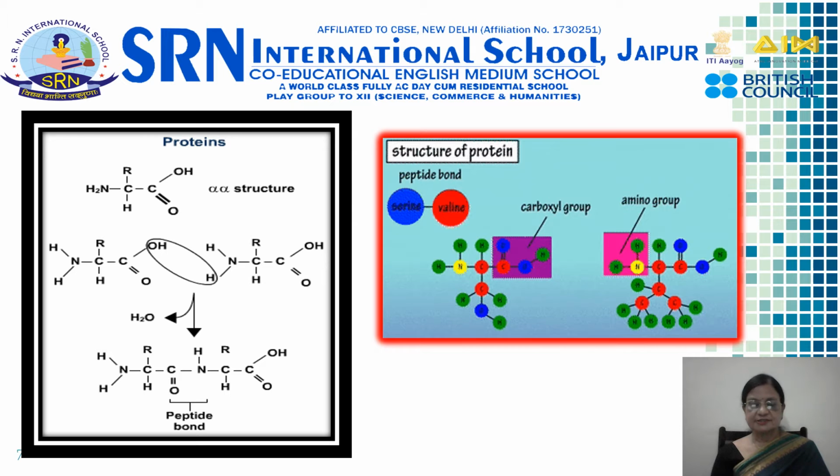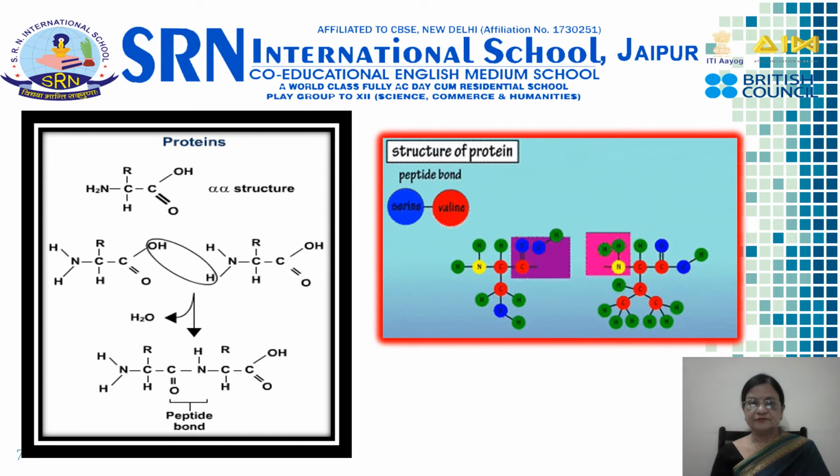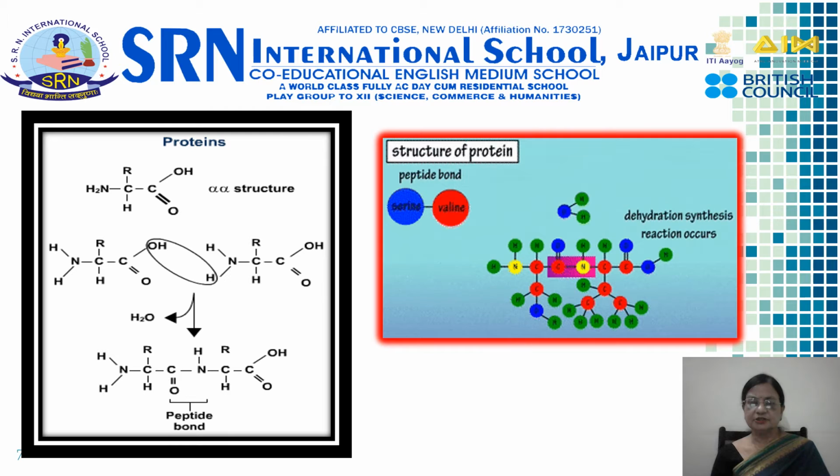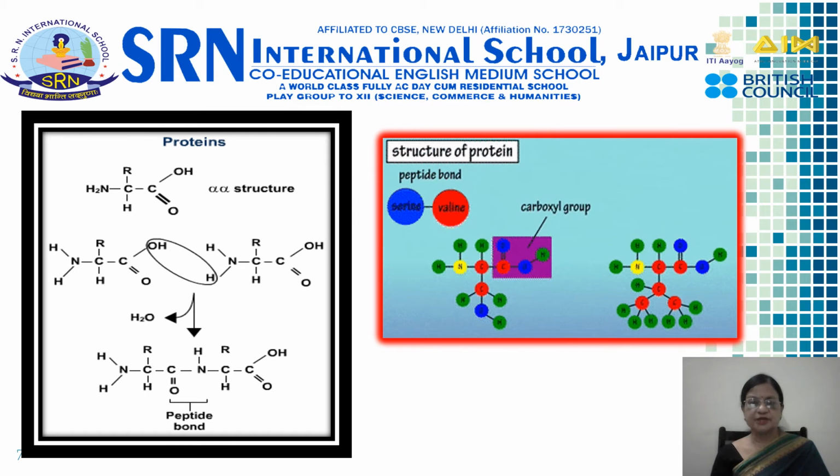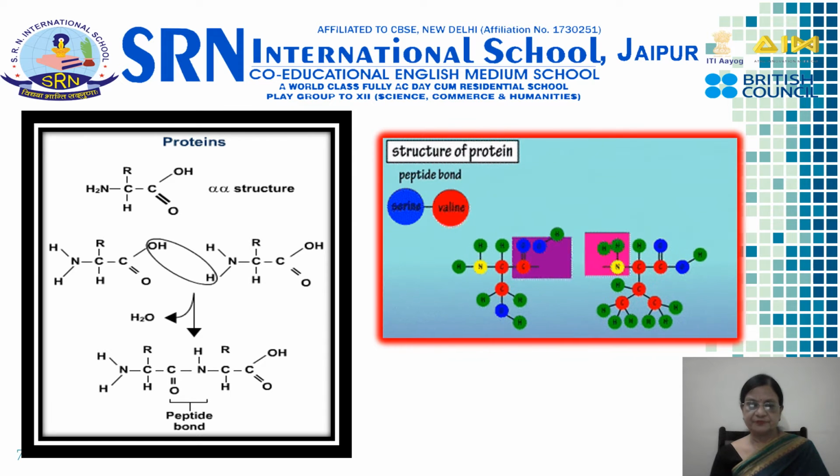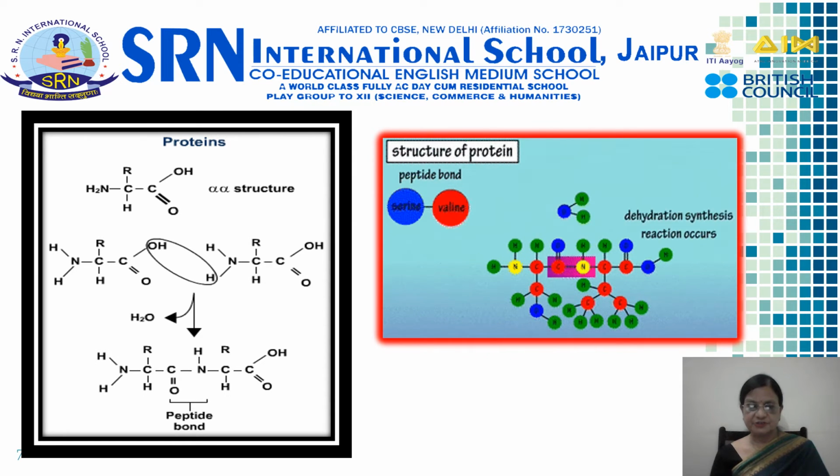Alpha amino acids have a carbon which is alpha due to the 2 functional groups attached to it. One is the COOH group, which is the carboxylic acid group, and the other one is the NH2 group, which is the amino group. Therefore this carbon is an alpha carbon.